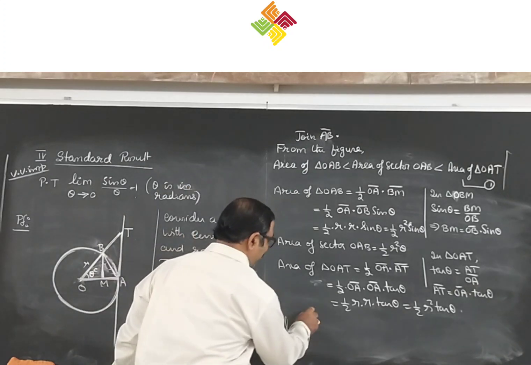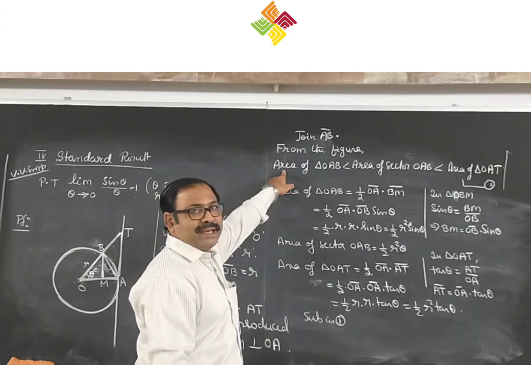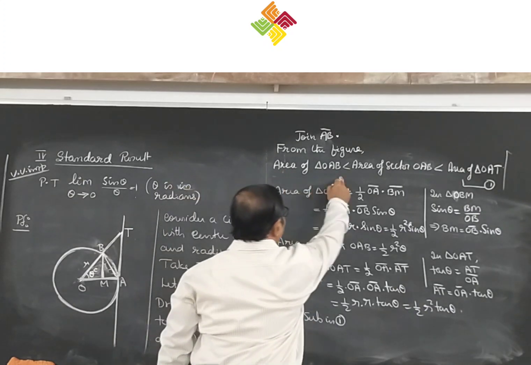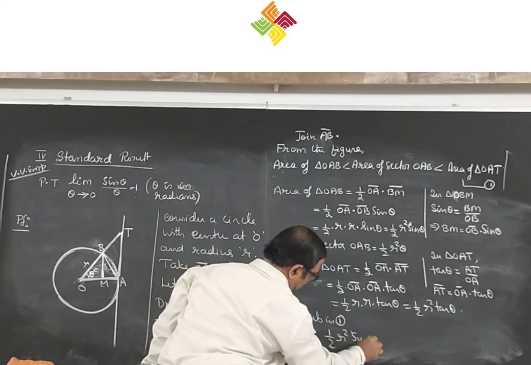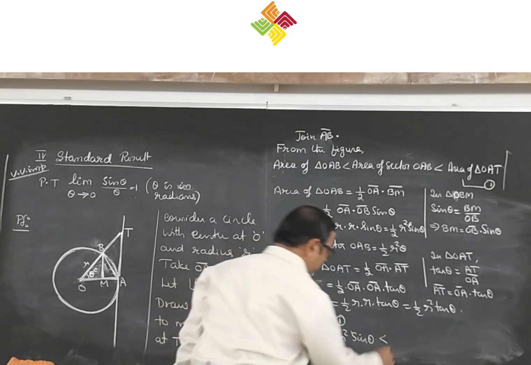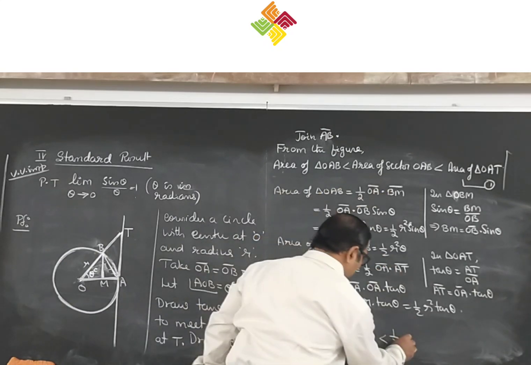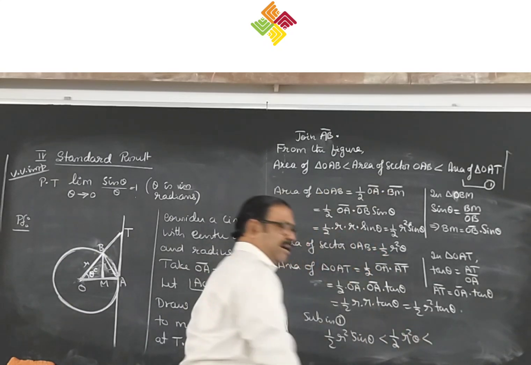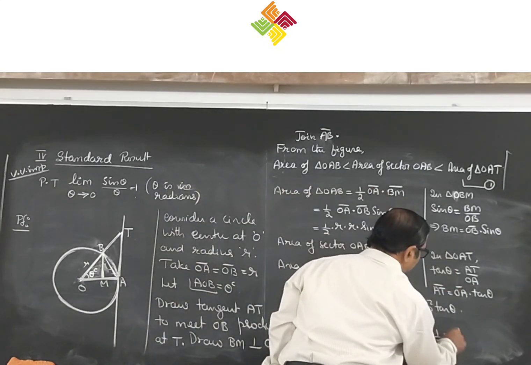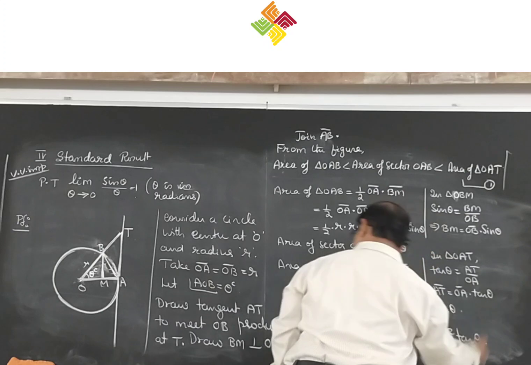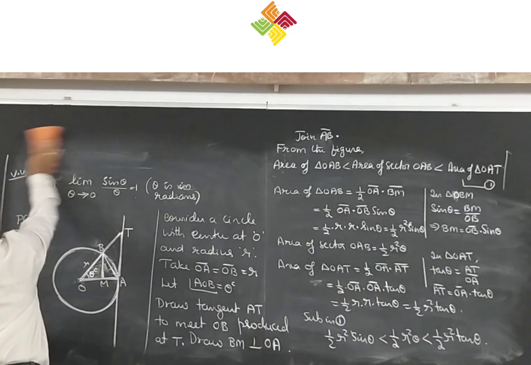Now, finally, you substitute in 1. Go to this equation. What do you get? Area of triangle OAB, half R square sin theta, less than area of the sector OAB, half R square theta, less than area of the triangle OAT, half R square tan theta.